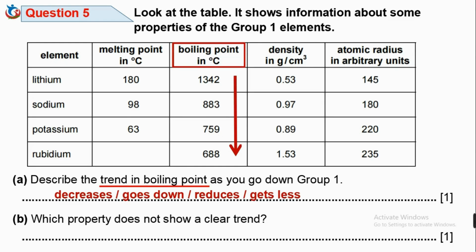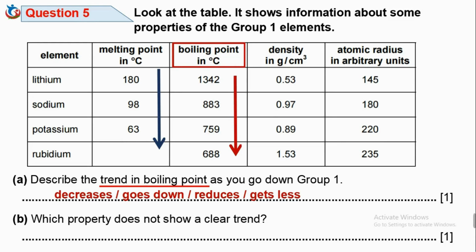Question 5b. Which property does not show a clear trend? For us to answer this question perfectly, let's analyze each column and come to a conclusion. Starting from melting point, it decreased from 180 to 98 to 63. So melting point has decreasing melting point.